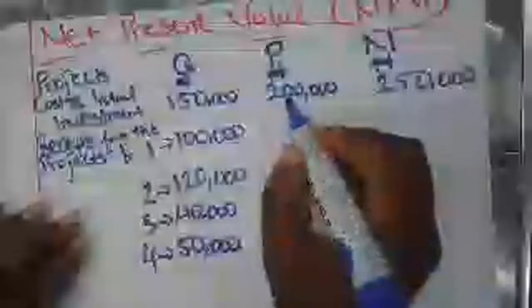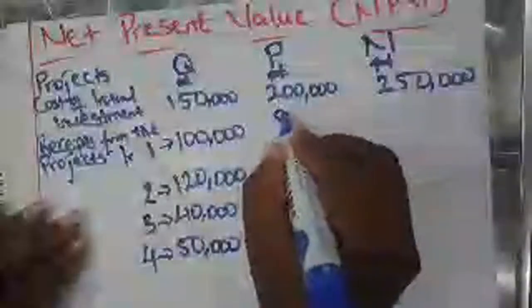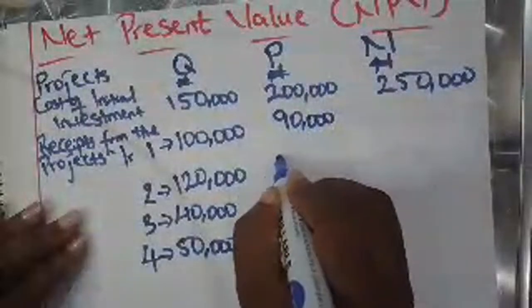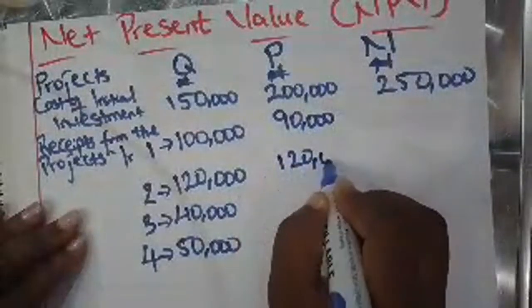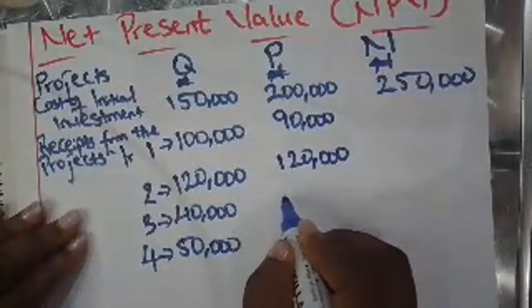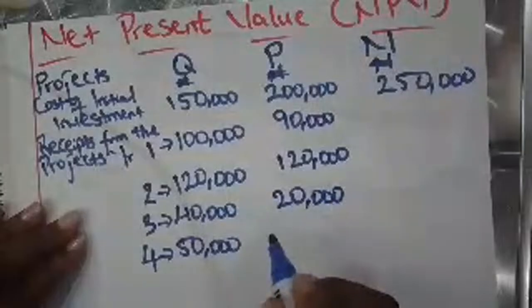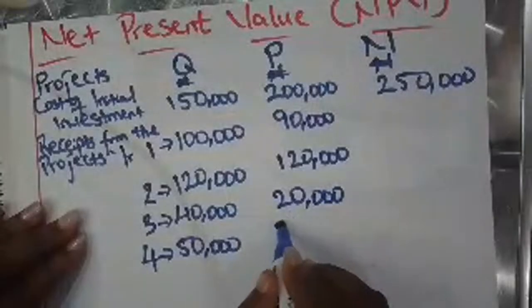For project P, year one is 90,000. Year two, 120,000. Year three, 20,000. And year four, 30,000.